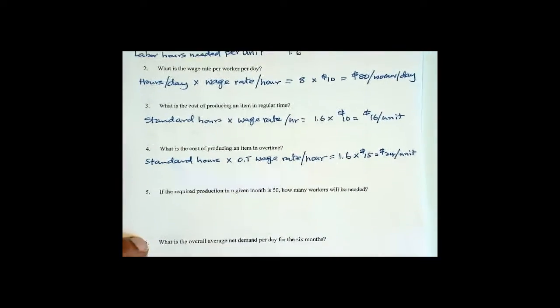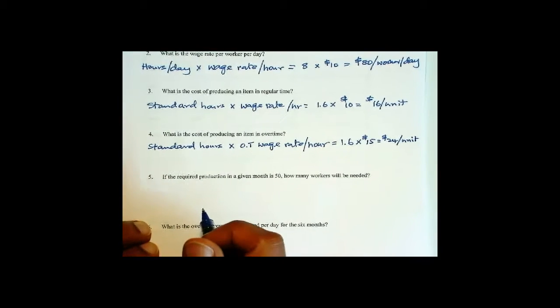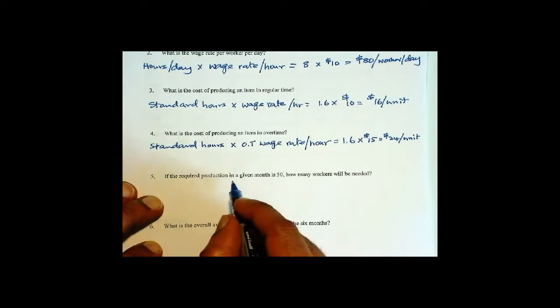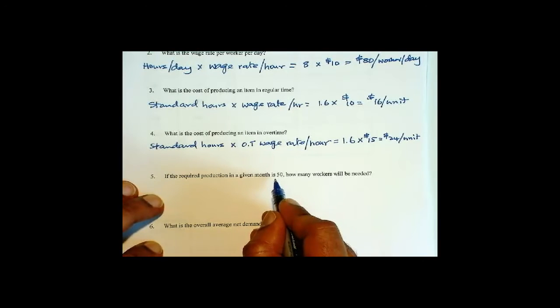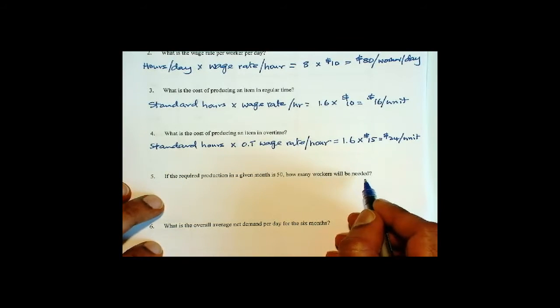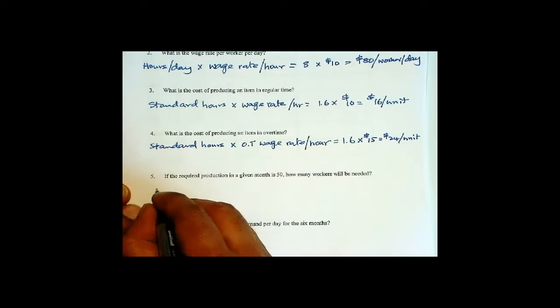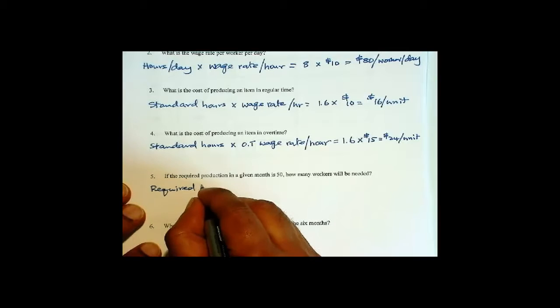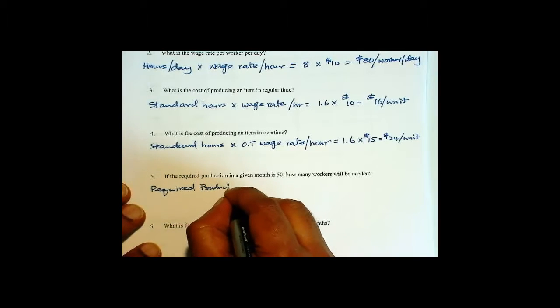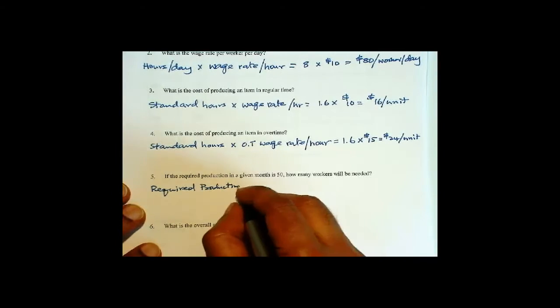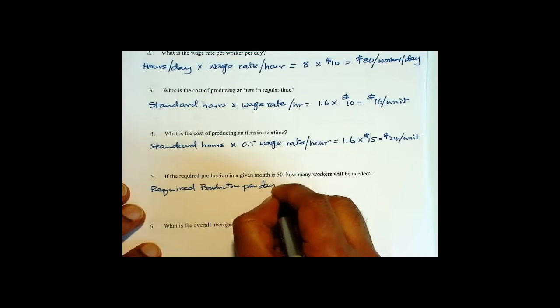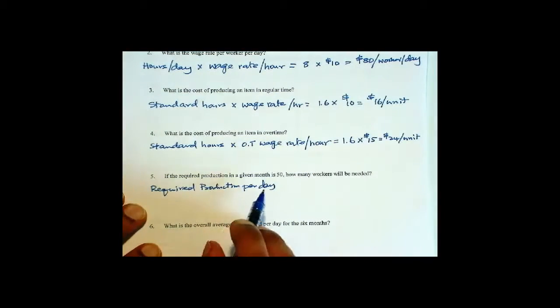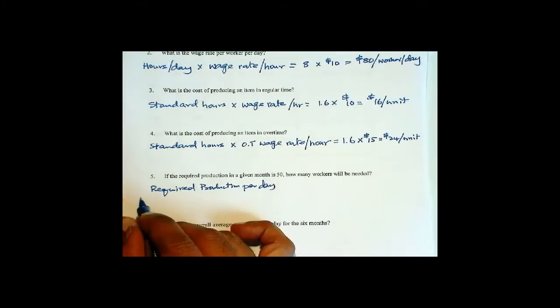Okay. Next, if the required production in a given month is 50, how many workers will be needed? So that will be required production per day. In this case we are doing the computations per day. It's not necessary that it has to be per day in all problems, but in this problem, the computations are on the basis of per day.